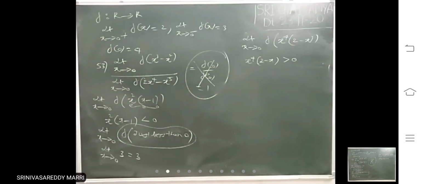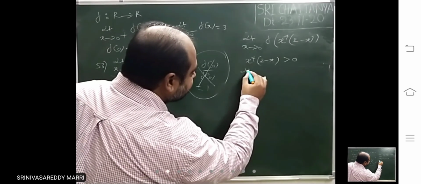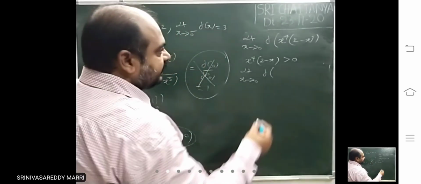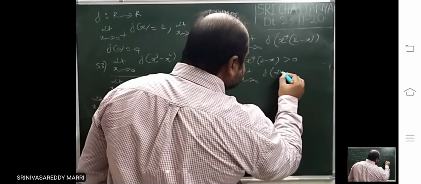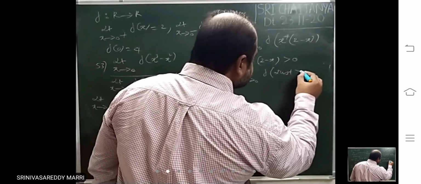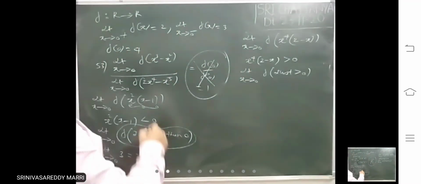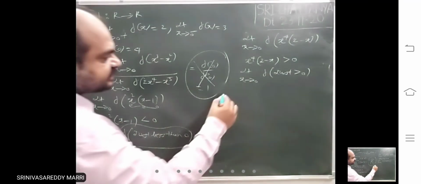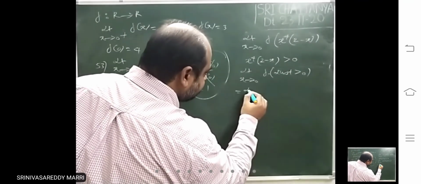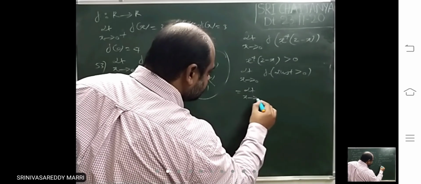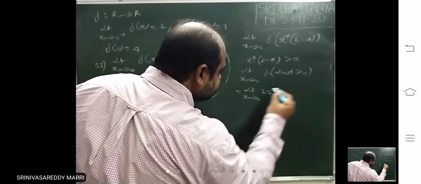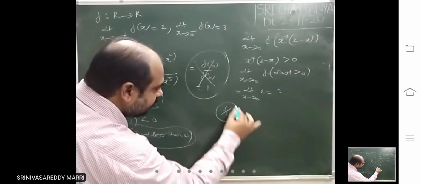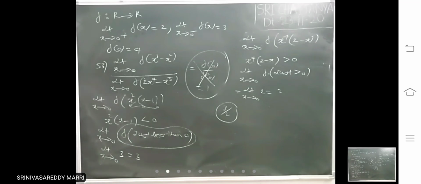So f of just greater than 0, when x is just greater than 0, its value is 2. So that is nothing but 2. Therefore the answer is 3 divided by 2.